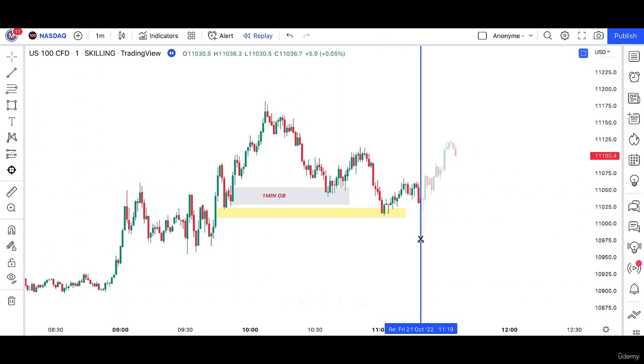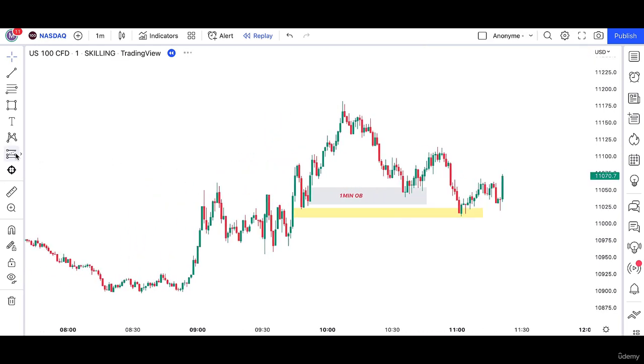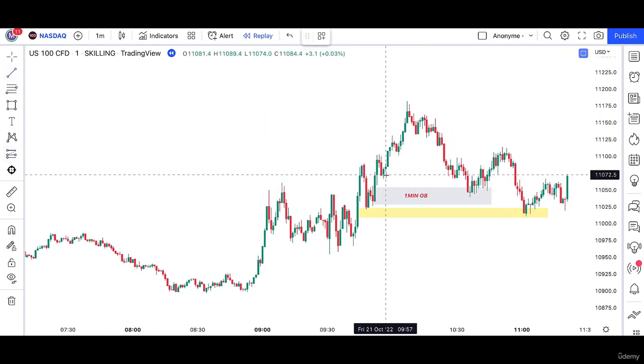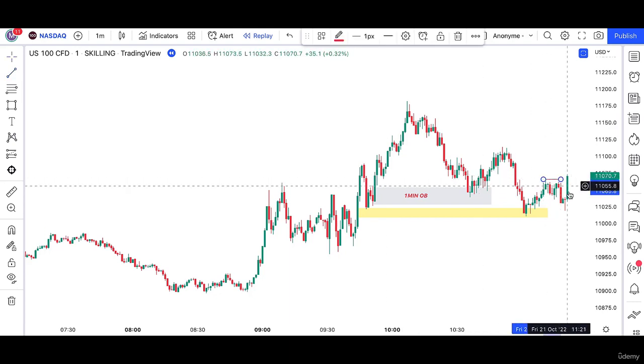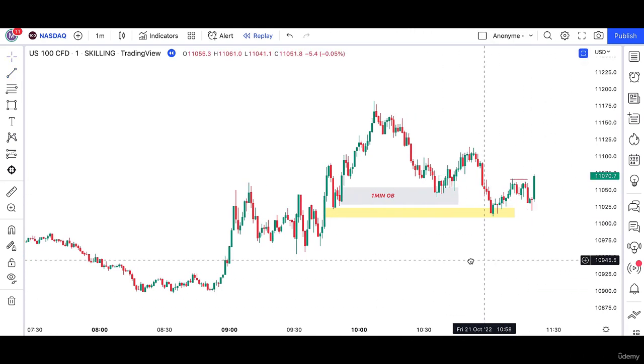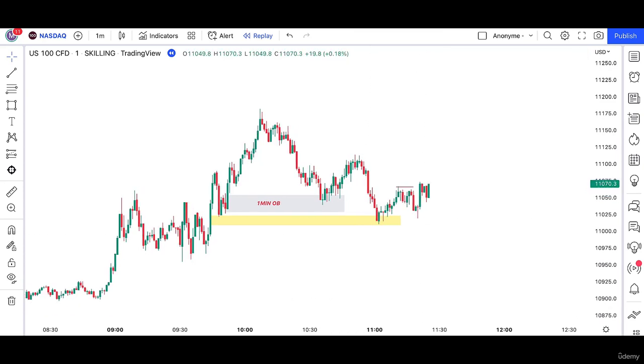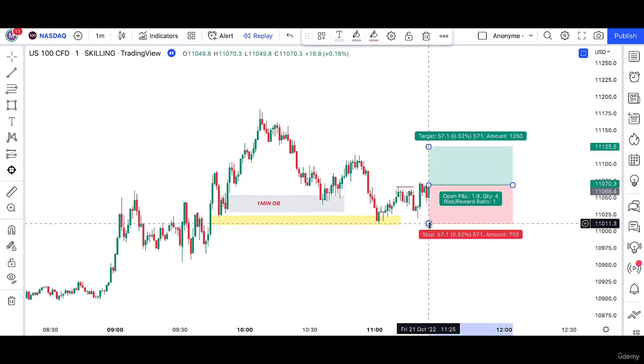So as an institutional trader, we'll take a long entry. We'll wait for a small change of character to happen here and the price to fill this fair value gap before taking our long entry. So here I'll put a long position.